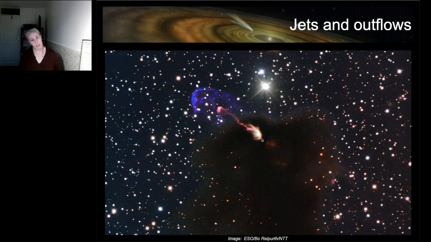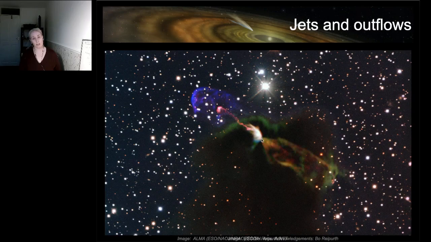And you can see that punching out of the part of the cloud that's facing us, there is this beautiful optical jet that's created a shocked bow shock region in the surrounding medium. So this is very strong evidence that there's a forming star sitting in the center of this molecular cloud.